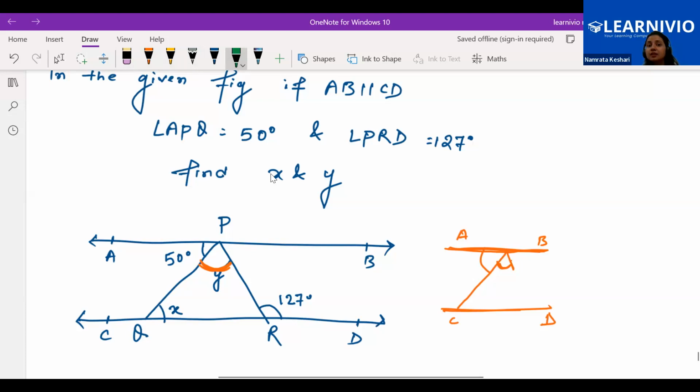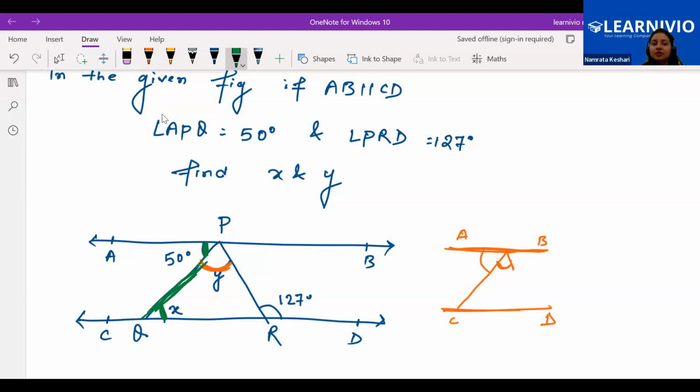You are guessing it correctly, but please be clear. Is it Y? No, ma'am, it is actually X. This angle and this angle are alternate interior angles.